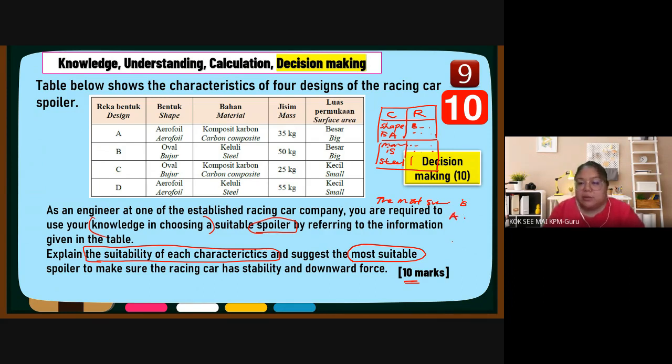Then you give the reason why you choose A, because you choose all the characteristics: because the shape is an aerofoil, the material is steel, the mass is how many kg, then the surface area. This is the essay part. We do not need to write like English essays; we just write in table form. Table form is clearer, and everyone can see it clearly. Once you say shape, I can directly see aerofoil and what reason you give me. So this is a 10 marks question.